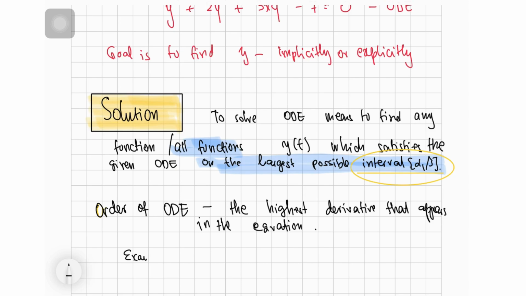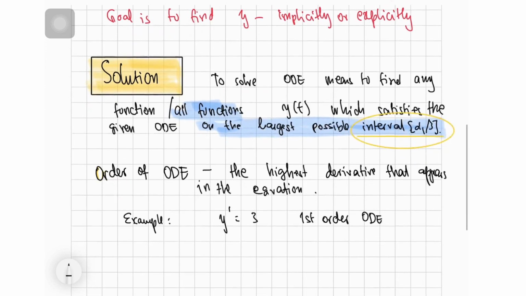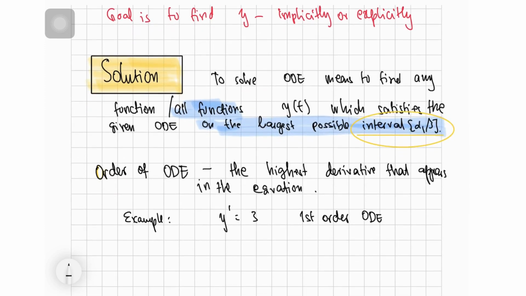For example, y prime equals 3 is a first order ODE because the highest derivative appearing is the first derivative. y prime plus y equals 3 is also a first order ODE.